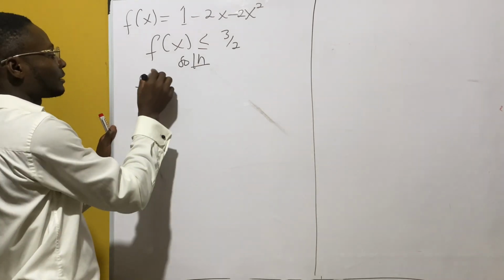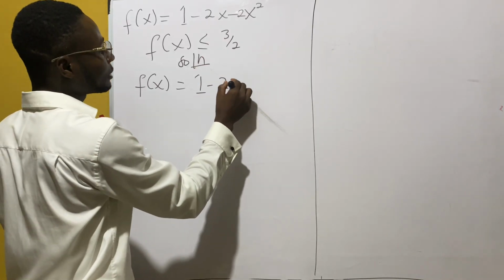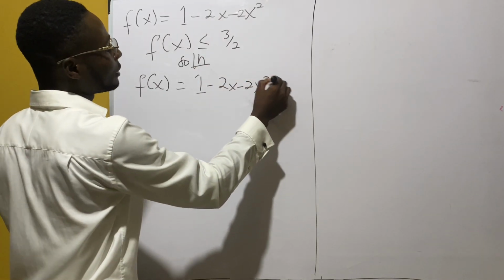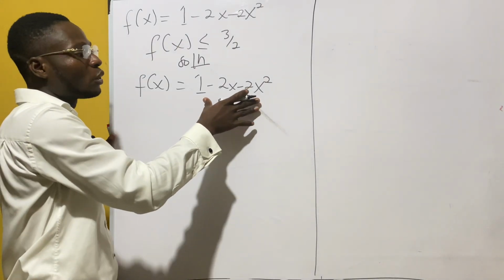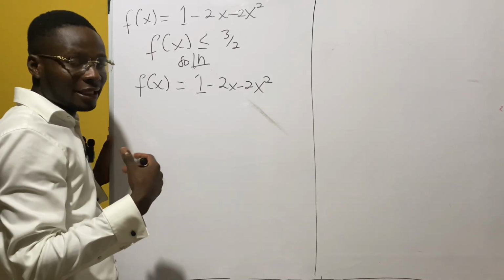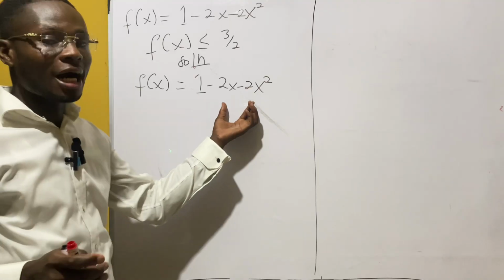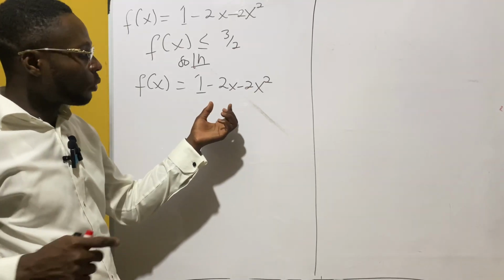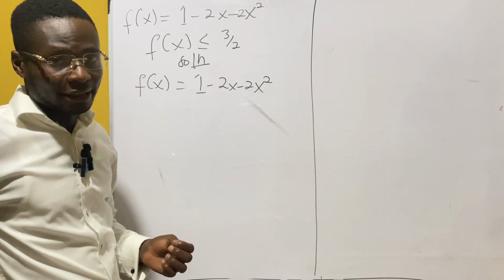So f(x) is equal to 1 minus 2x minus 2x squared. We want to find the turning point, the line of symmetry, and the zeros. Of course, we know that we have to apply the completing the square method.